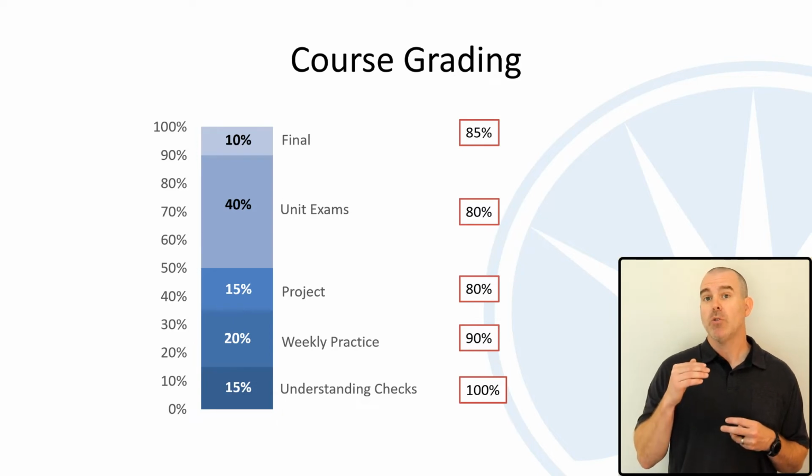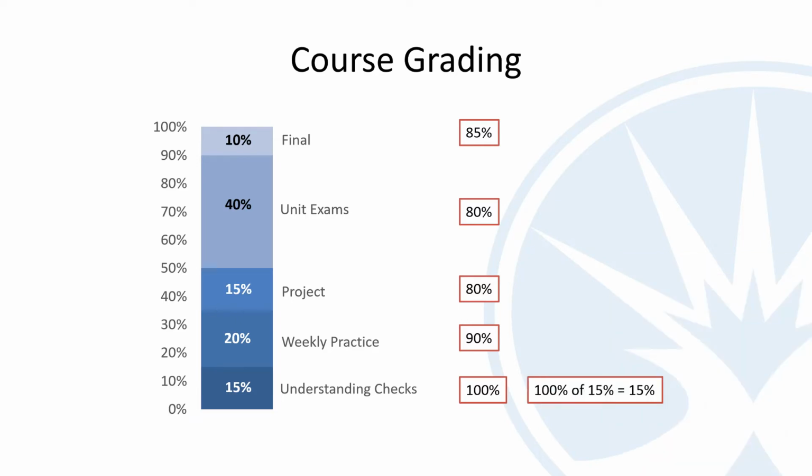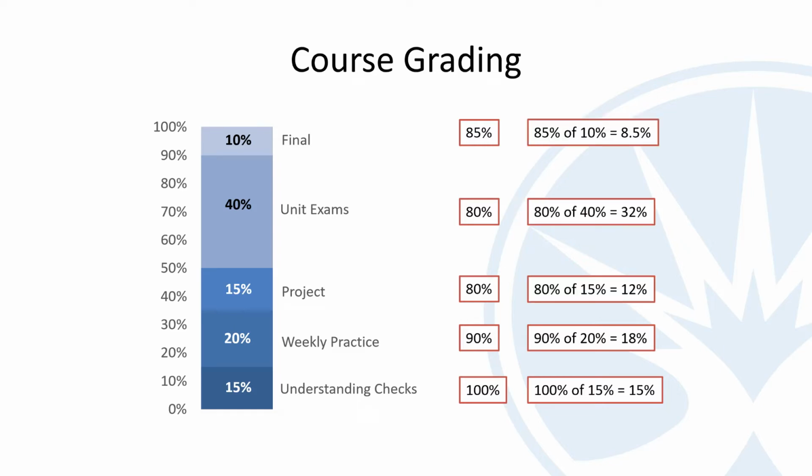Each of those percentages for those weighting categories gets weighted. So like 100%, you get the full 15% then for the understanding checks. For the weekly practice, you're not going to get the full 20%. You're only going to get 90% of that, so you only get 18%. And then similarly for the other 3.